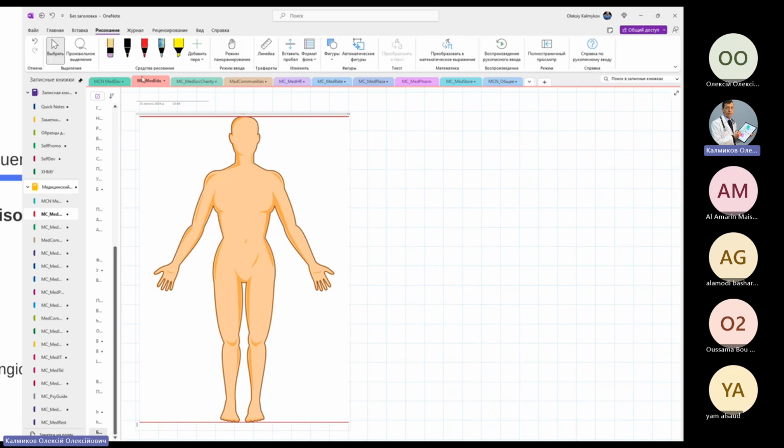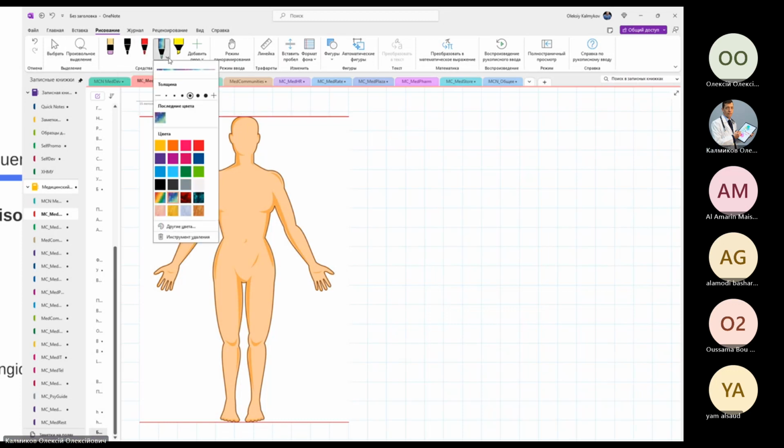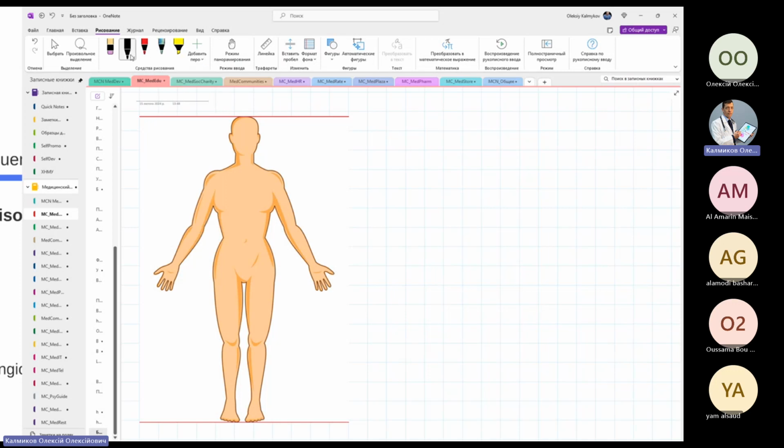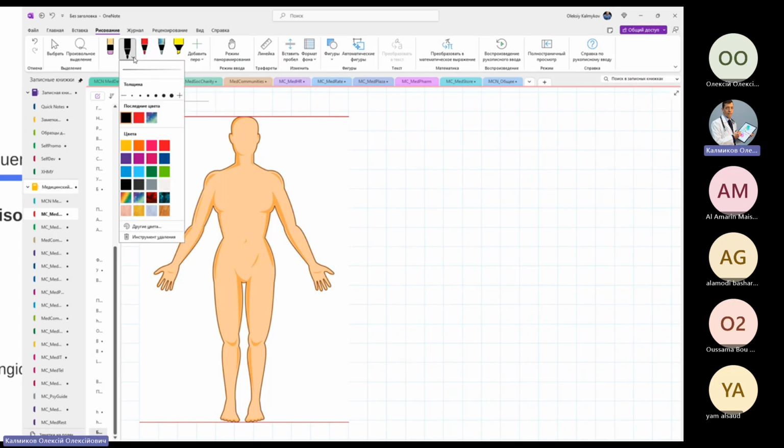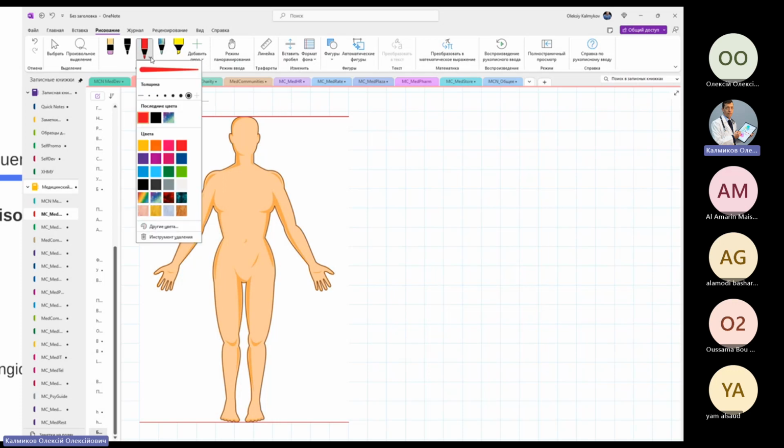Let me explain what I mean. A few words about the pathophysiology, the pathogenesis of the vibration disease. So primarily, what do we have? We have different pens here, they could be different colors, great.